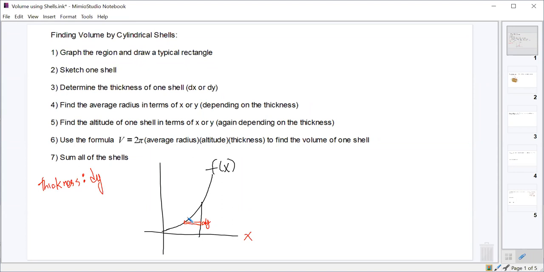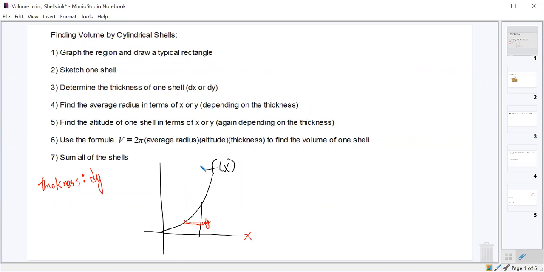So it is infinitely thin in the y direction, which means that when we sum together all these volumes that we're going to find, we're going to be able to do this integral in terms of y, rather than if we sliced it, we'd be doing the integral in terms of x. So that's the cool thing about shells, is it allows us to do this volume finding in terms of the other variable that we would not use if we were doing disks or washers.